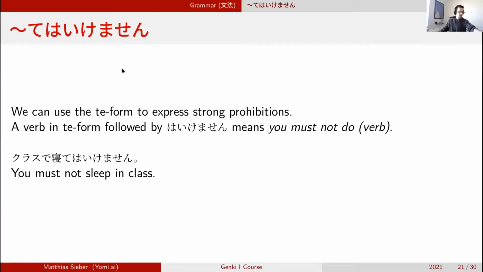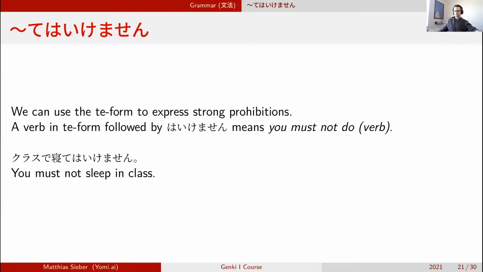Very good. Sumaho tsukatte wa ikemasen. You must not use your smartphone. How would I say, please use your smartphone? Sumaho o tsukatte kudasai. Yes, one o. Very good.